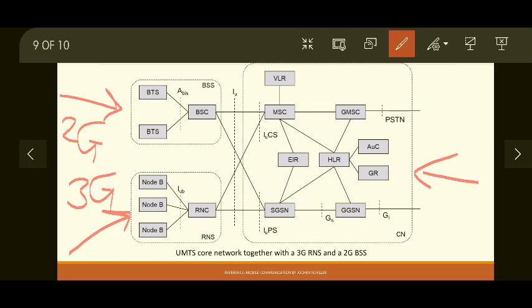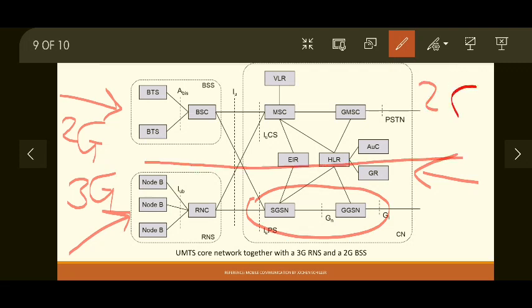So let's say we are currently using a GPRS network and now new technology has come, that is 3G. So should we replace the entire infrastructure of GPRS? No. Just like for GPRS, we added only two components, SGSN and GGSN, to the entire GSM network. This is 2G network.